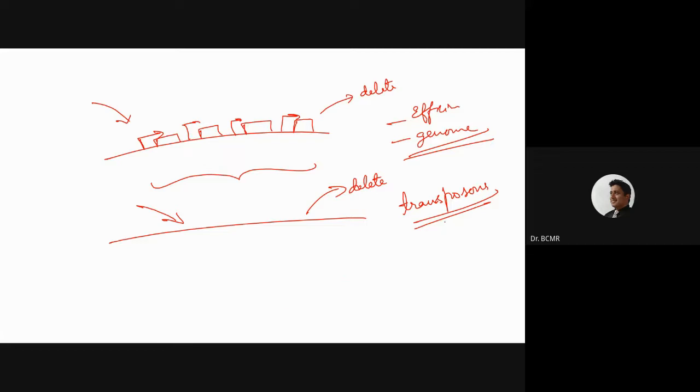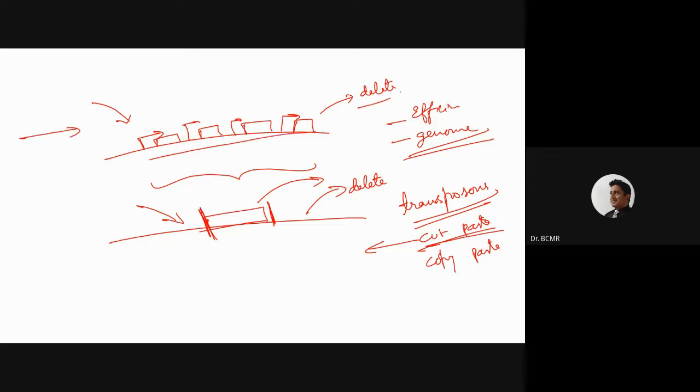There are two types, of course: cut paste and copy paste. For our purpose here, we are only discussing cut paste. Cut paste means they would come, integrate into one place, and they would be sliced out again from here and move to a different place. That is a cut paste mechanism. They can be used for the strategy that I was discussing, where we could transiently integrate them and at a later time delete them, right?